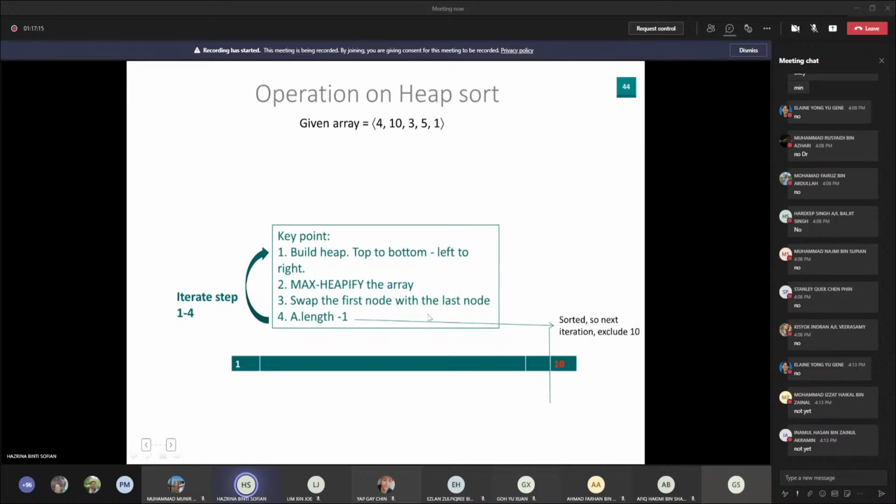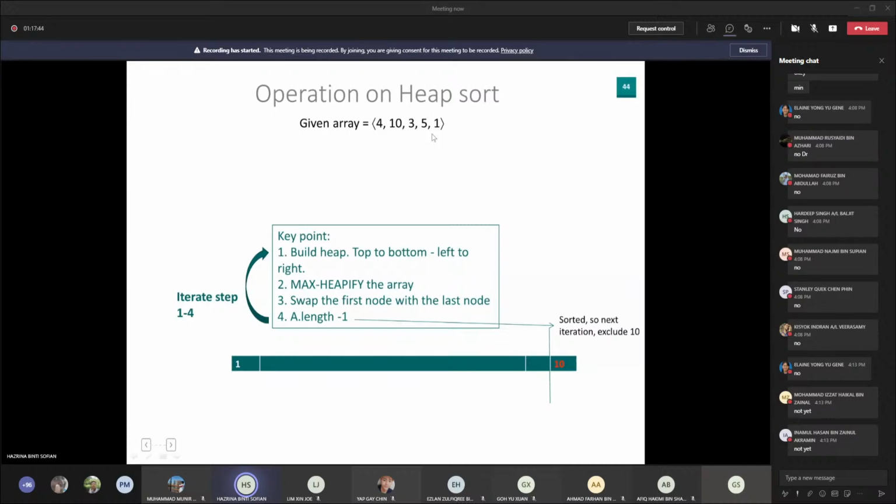The concept is, when we do the max heapify, the root node will be the greatest number. So this greatest number they put at the last node of the tree so that it will be read last. Therefore, we do not need to consider it, because we know already it is the greatest given this array.